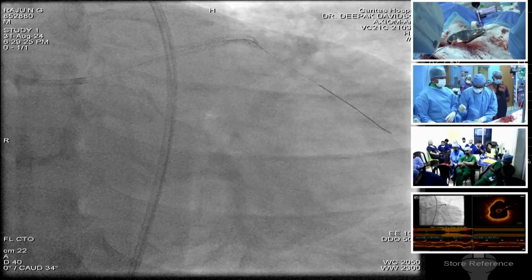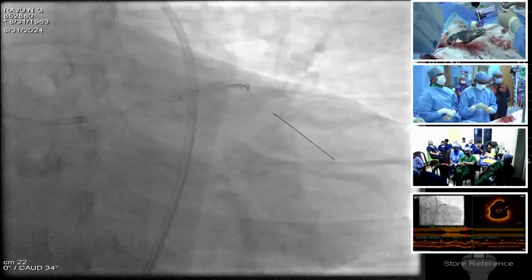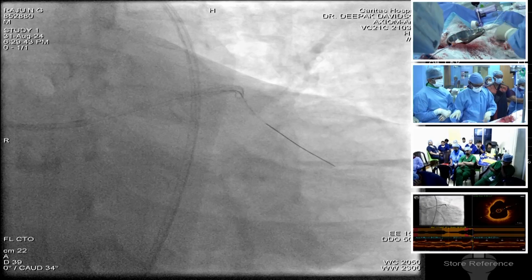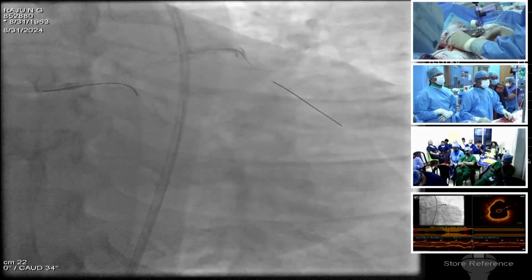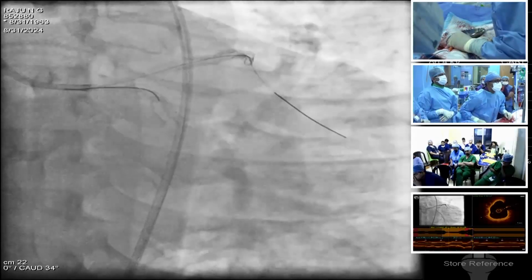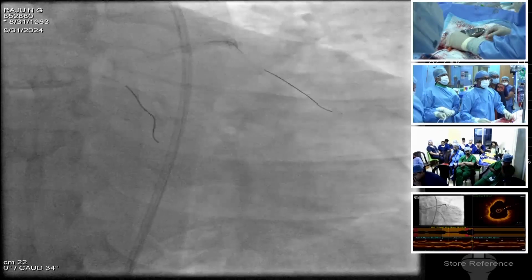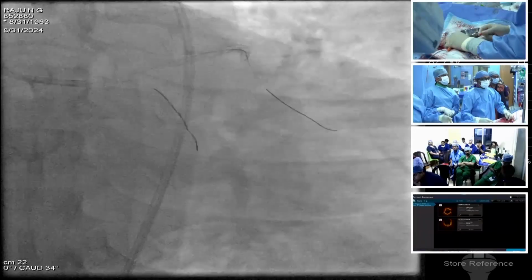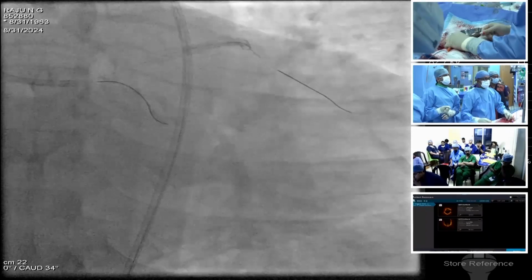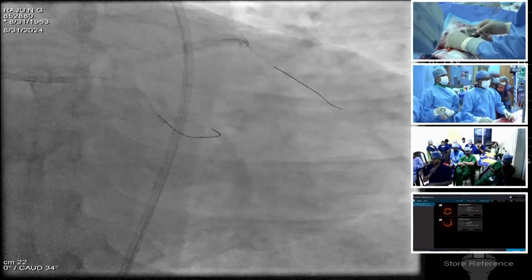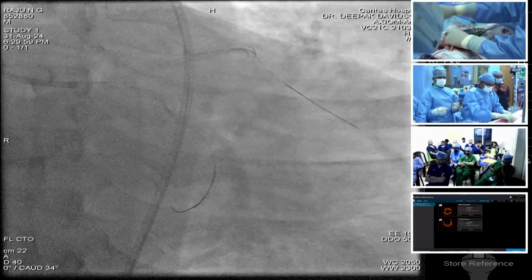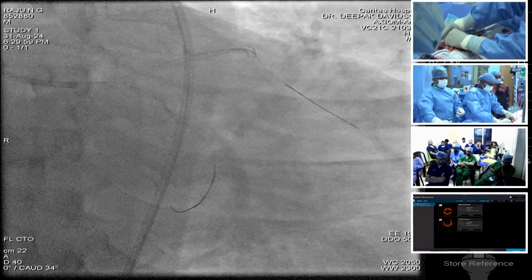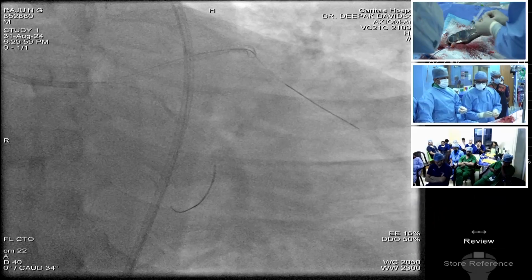Now we'll rewire the circumflex and then do an OCT pullback. Be ready with a 1.5 balloon. The OCT catheter is to make sure that the crossing is not very distal.